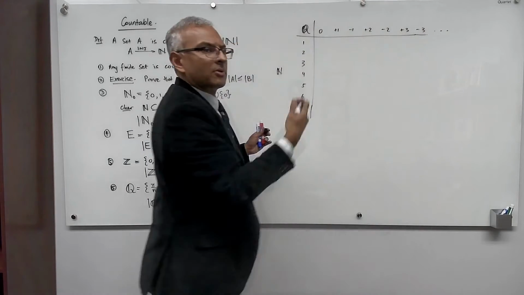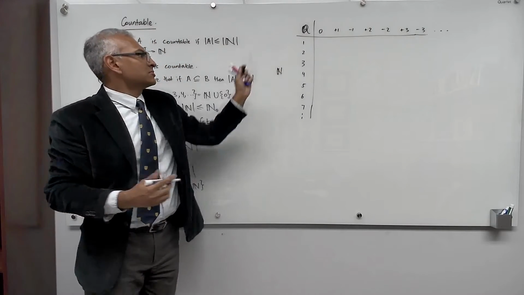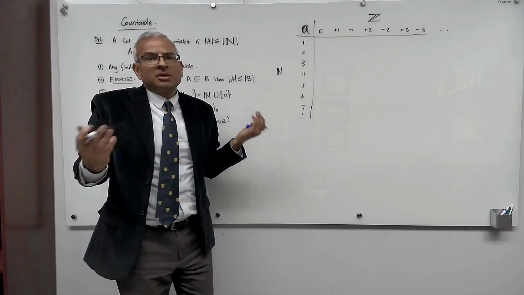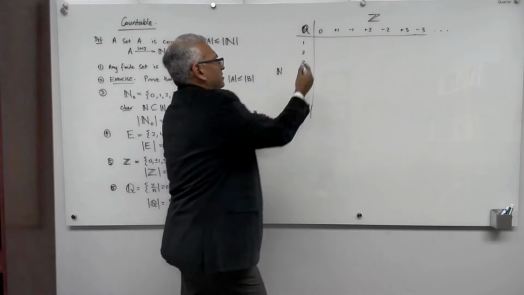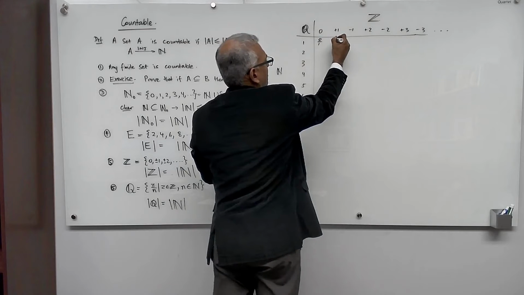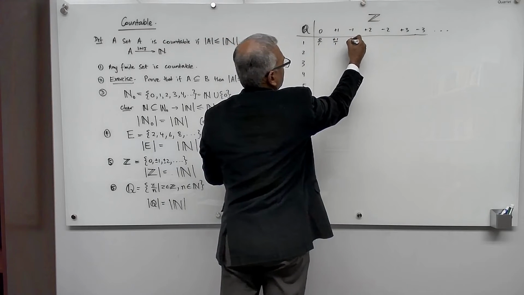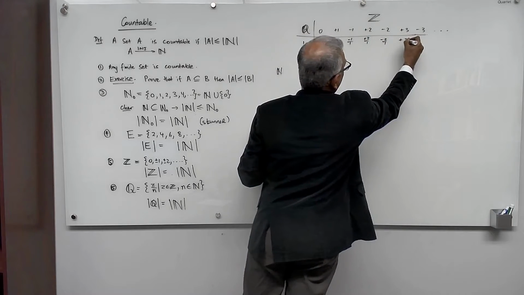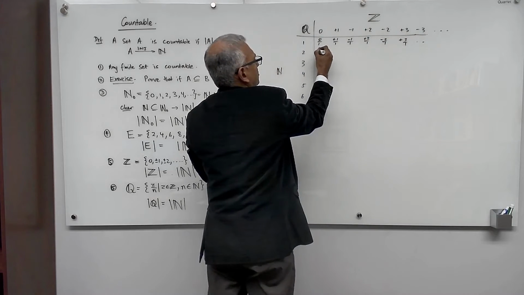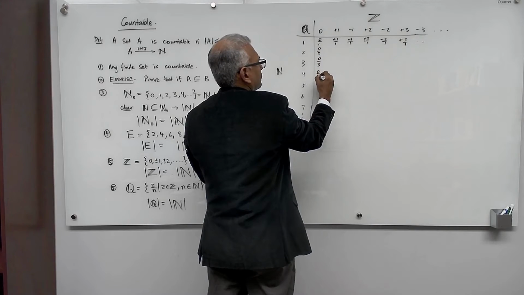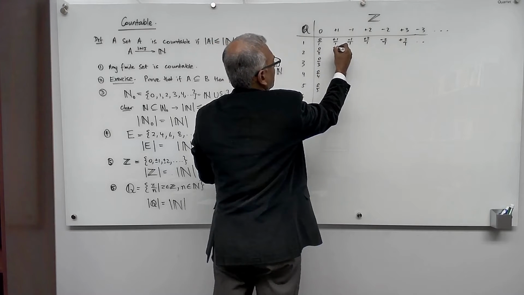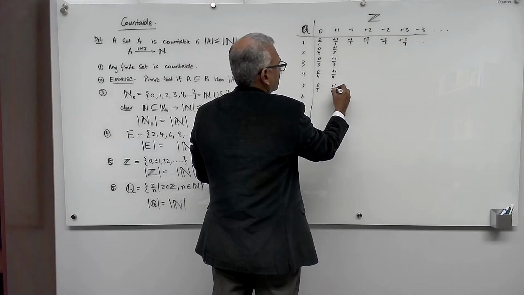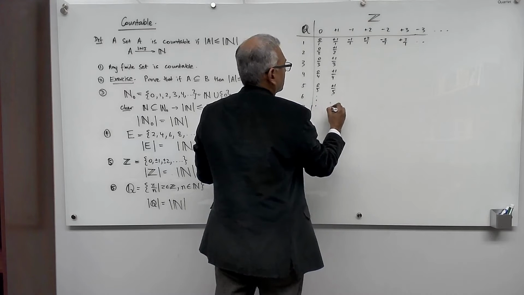Now every ratio of an integer with a natural number is a rational number. So in this case, you'd have 0 over 1, plus 1 over 1, minus 1 over 1, plus 2 over 1, minus 2 over 1, plus 3 over 1, and so on. Then 0 over 2, 0 over 3, 0 over 4, 0 over 5, plus 1 over 2, plus 1 over 3, plus 1 over 4, plus 1 over 5, and so on.